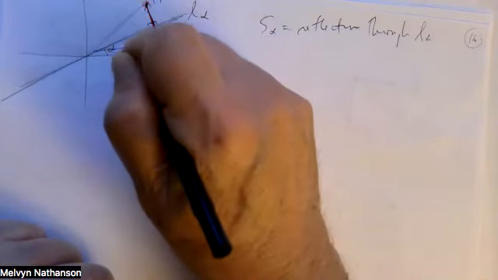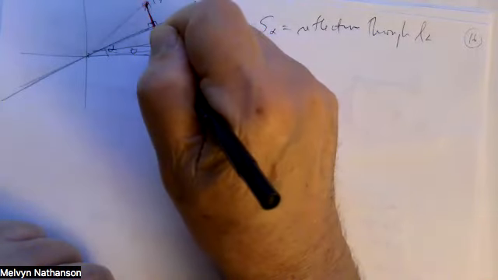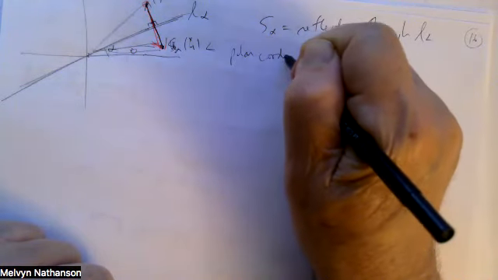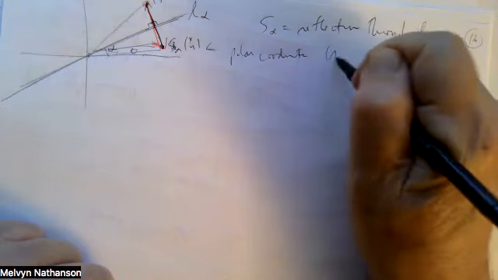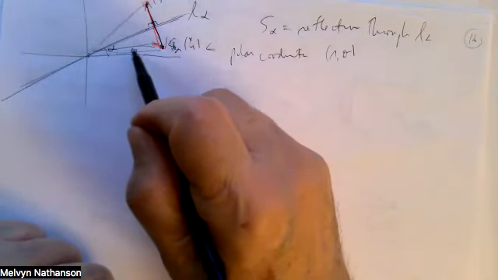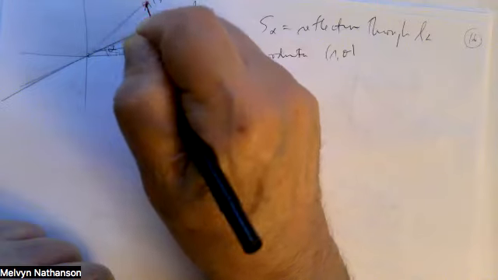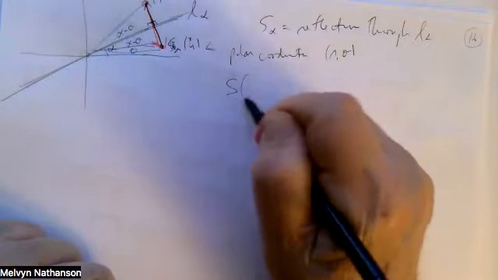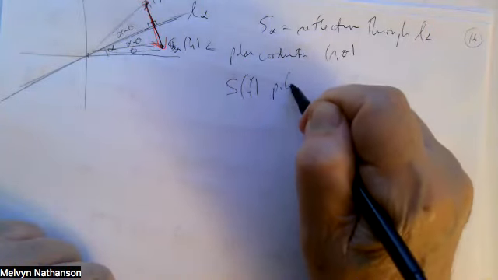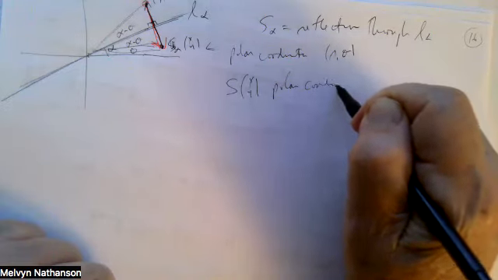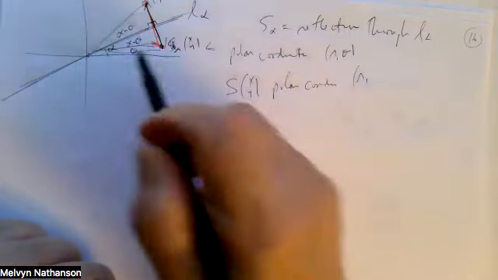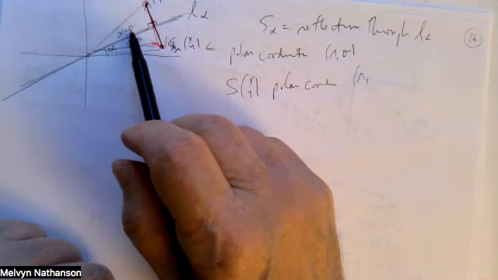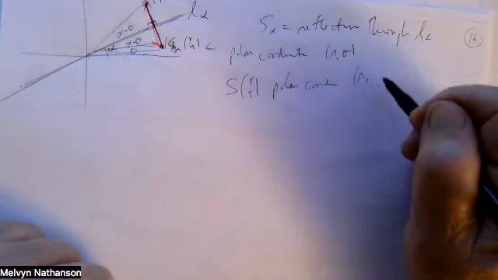Suppose this angle is theta from the origin to my vector. So this vector has polar coordinates r theta. This is theta. This is alpha minus theta. This is alpha minus theta. So when you reflect, S of xy has polar coordinates. The distance to the origin hasn't changed, but the angle, instead of being theta, is alpha plus alpha minus theta is 2 alpha minus theta.